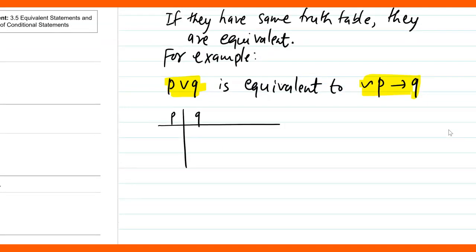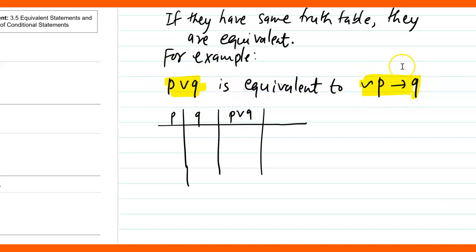P, Q. Those are the two columns, and now I have a column for P or Q. Now this is the one we try to find the truth value for, and this is another one.